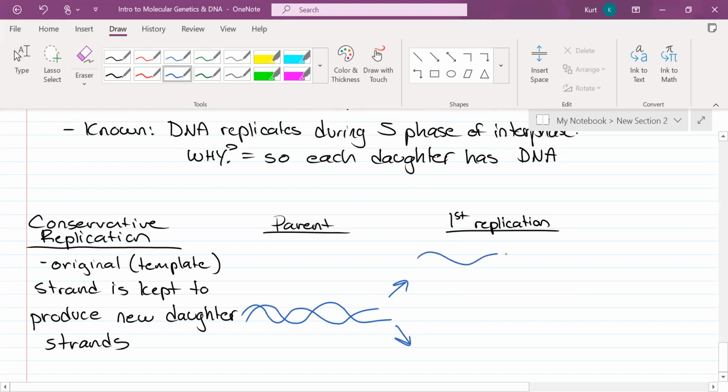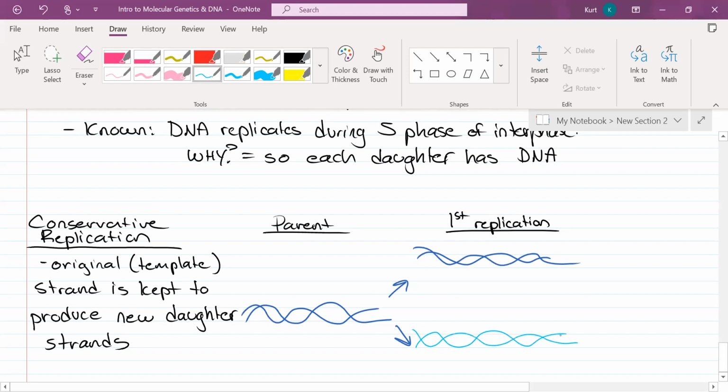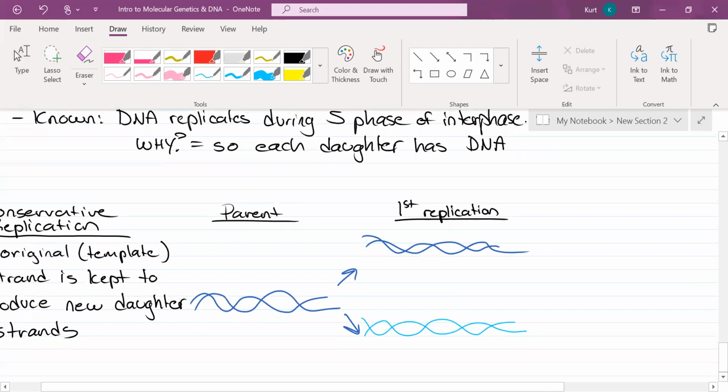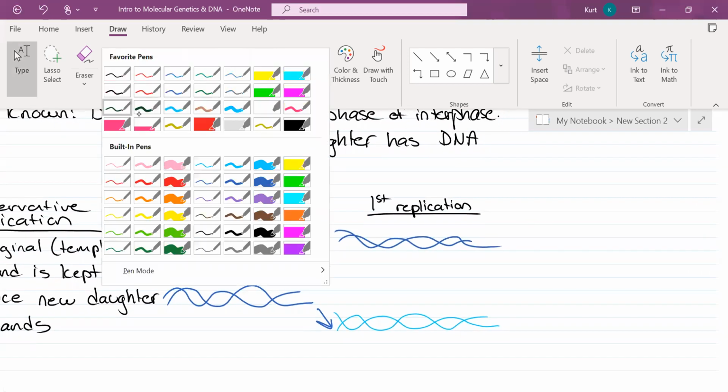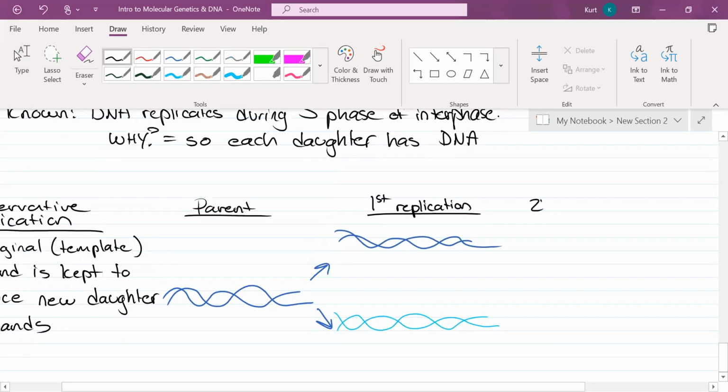So here we go. So you keep the parent strand, it becomes one of the 2 new strands. And you basically made an entire copy by using that. And then we'll go to our second replication.